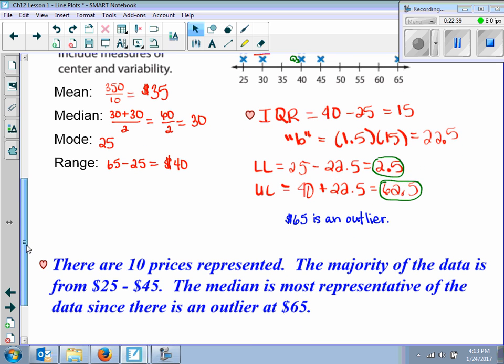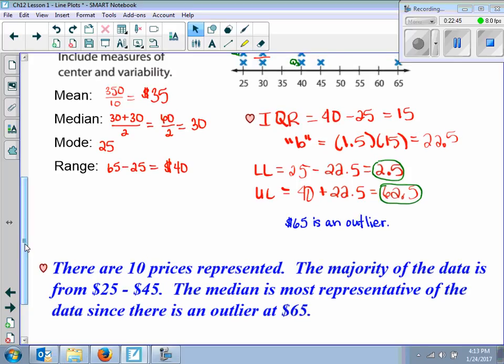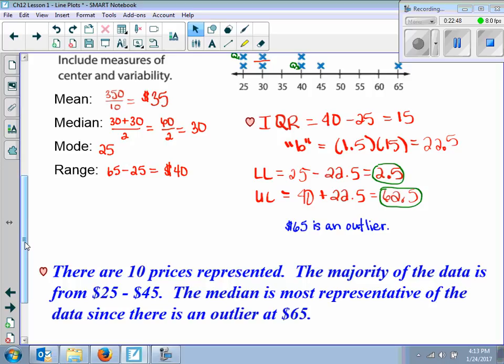The median is the most representative of the data since there is an outlier, which is 65. The reason the mean would not be the most representative of the data is because that outlier brings the mean higher than it actually is. Okay? And that's all there is to it.